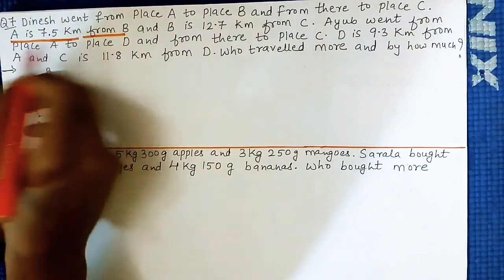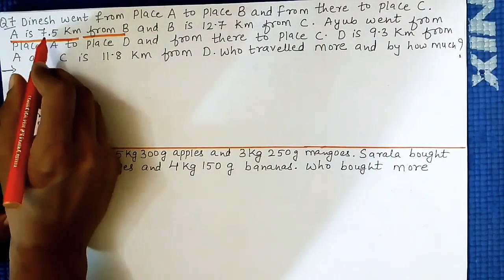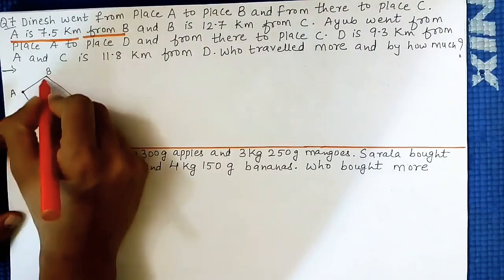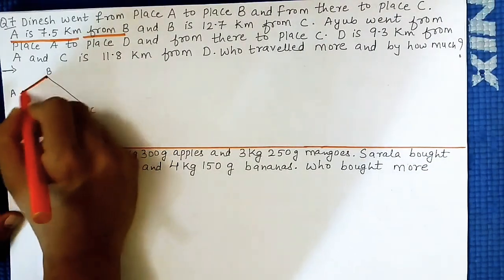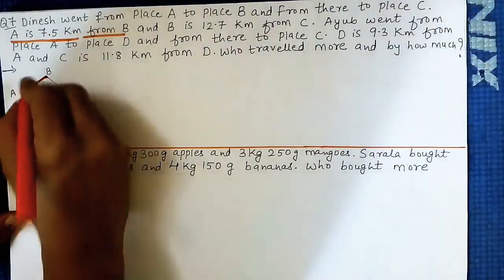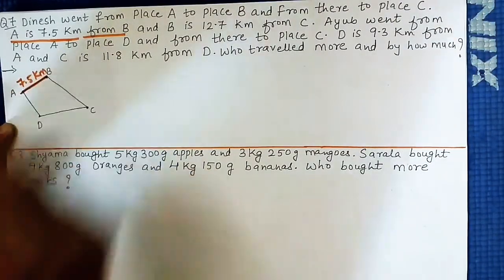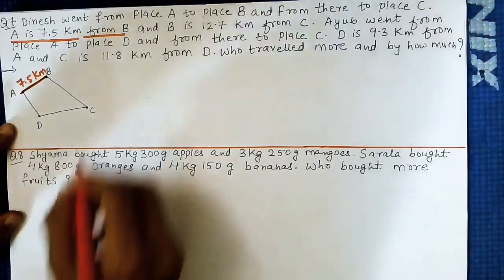So the distance from A to B, this much part, is given to us as 7.5 kilometer.